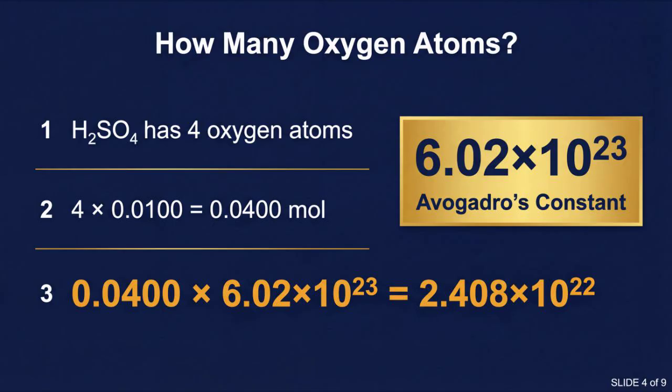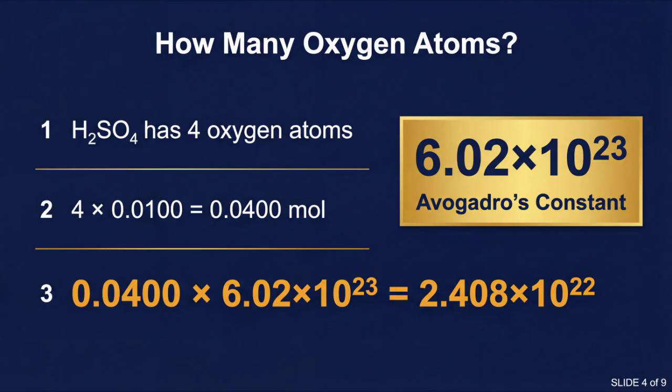Now multiply by Avogadro's constant, 6.02 times 10 to the power 23. That gives us 2.408 times 10 to the power 22 oxygen atoms. Remember the method: moles times atoms per molecule times Avogadro's constant.